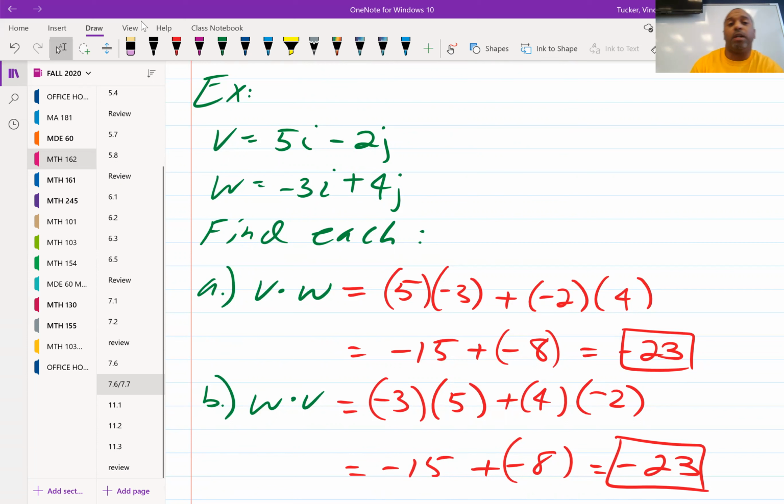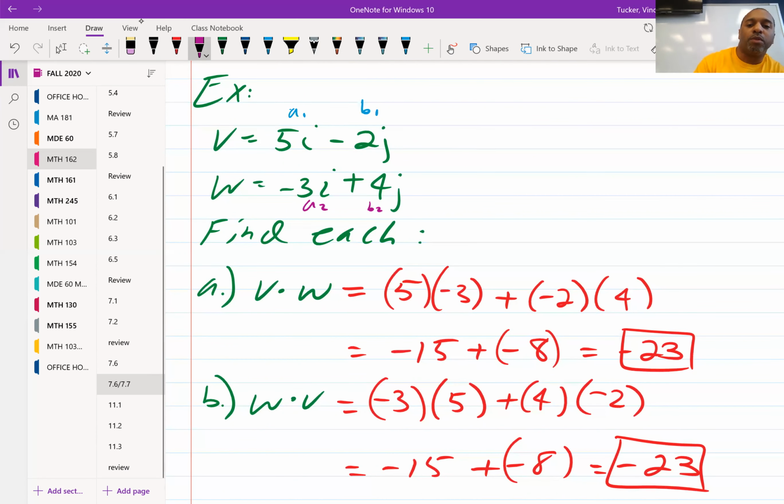So if I want to label it, A sub 1 is that 5, B sub 1 is negative 2, A sub 2 is negative 3, B sub 2 is 4.